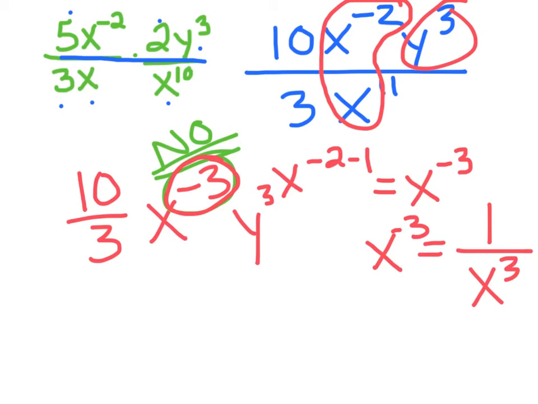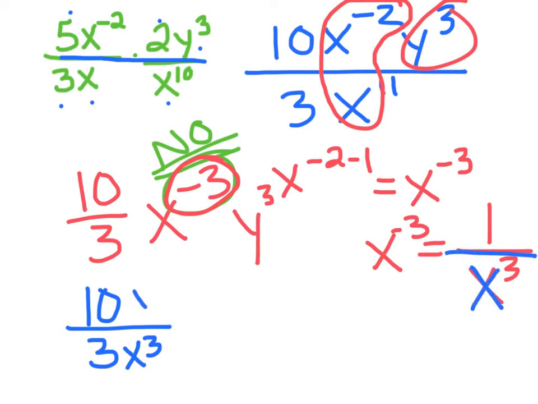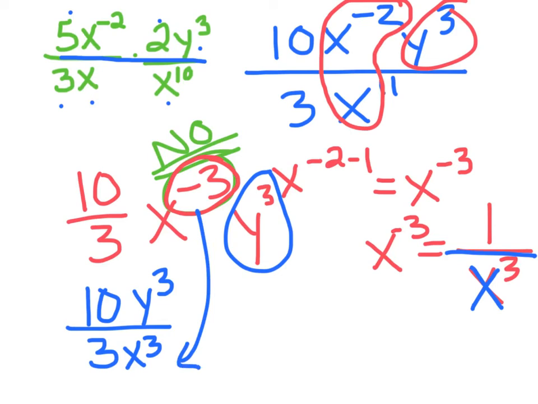In this case, we're going to move it from the numerator to the denominator because we're dividing. And then that y to the 3rd does not move because it has a positive exponent, so it stays in the numerator. The only thing that negative exponent does is put the x cubed in the bottom. And that is our simplified answer. So remember, never leave a negative exponent in your final answer.